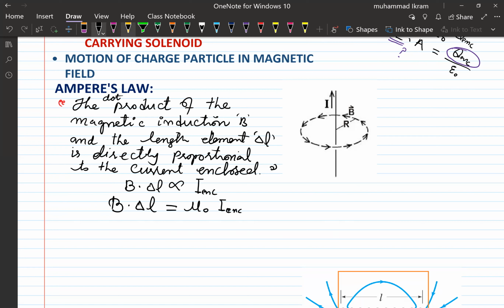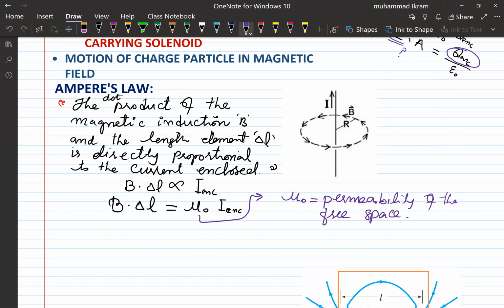Now, what is this mu naught? The mu naught is the constant of proportionality, and this is known as the permeability of free space.